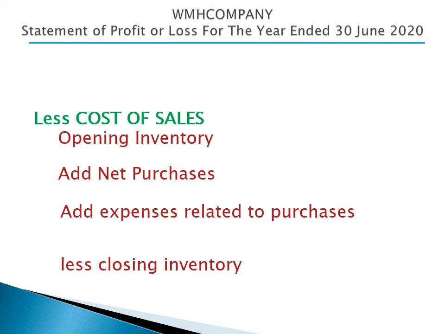And also do not forget to add the expenses related to purchases, or the expenses that will increase the cost of the purchases. Okay, these are the 4 items that you need to ingrain in your brain. Opening inventory, add net purchases, add expenses related to purchases, and less the closing inventory, then you will have the amount of cost of sales.